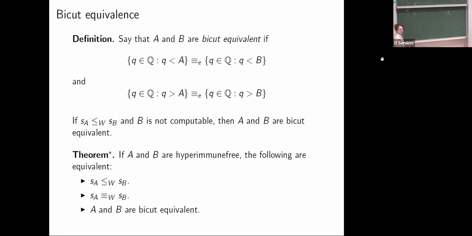So suppose that A and B are bicut equivalent. That means that there is some algorithm which, if you start giving it rational numbers and say, these are less, these are less, these are less, then that algorithm will give you other rational numbers and say, those are less, those are less, those are less. Right?